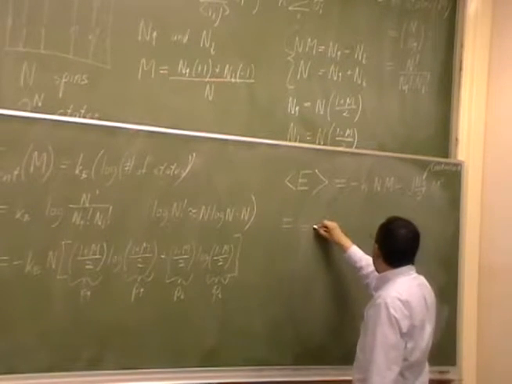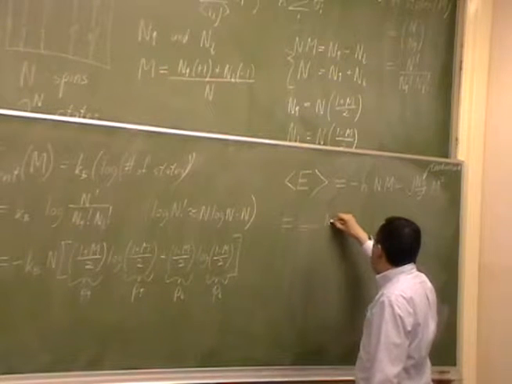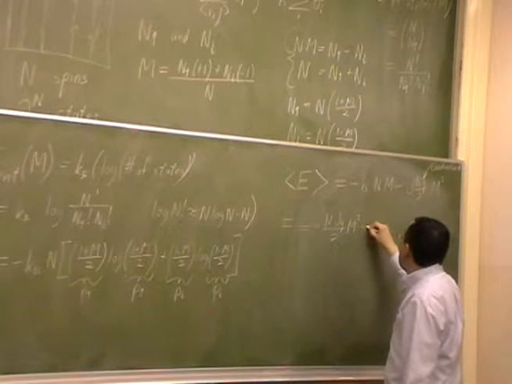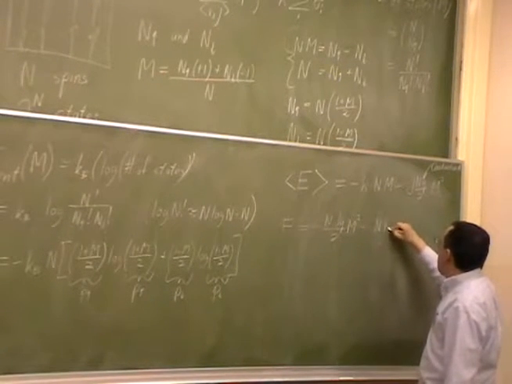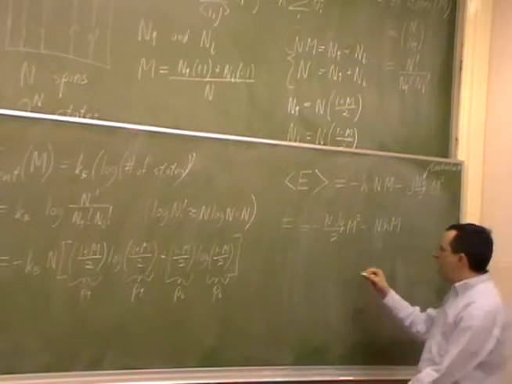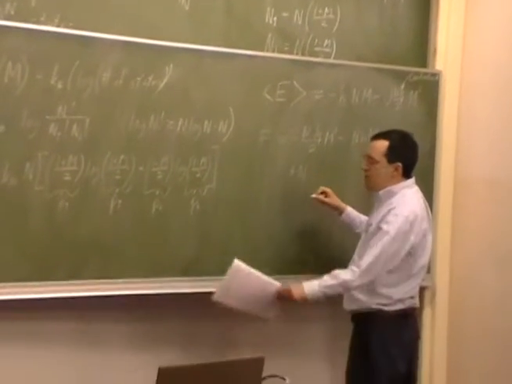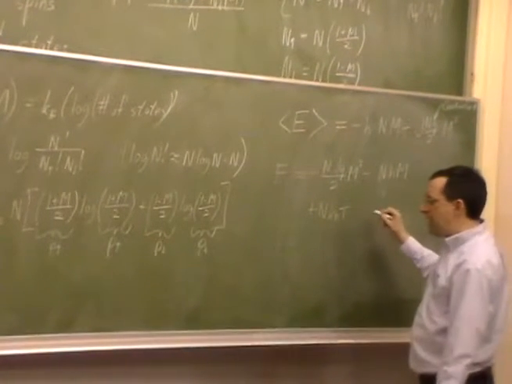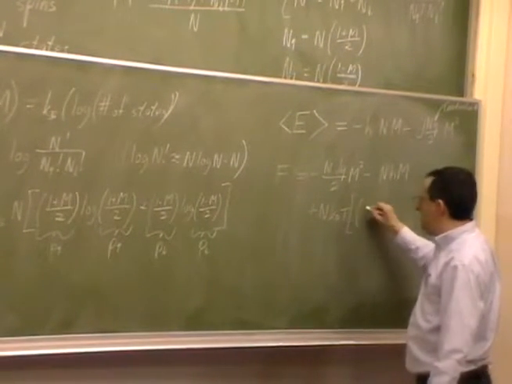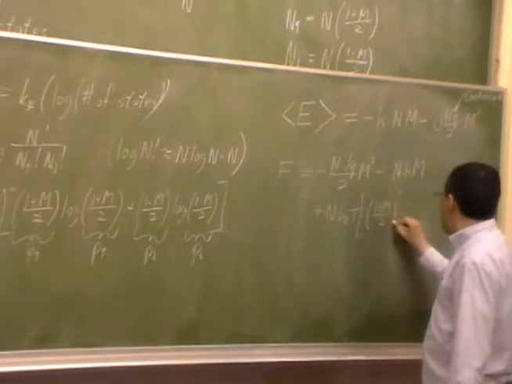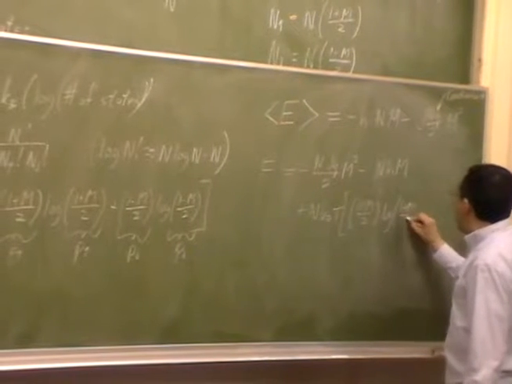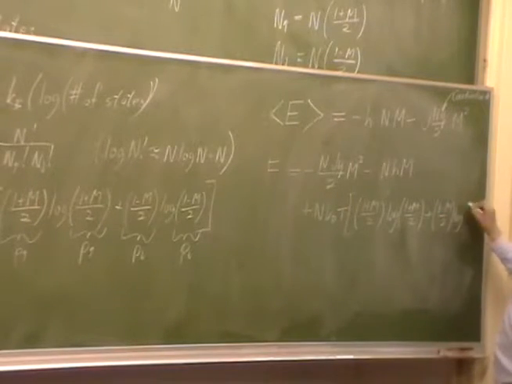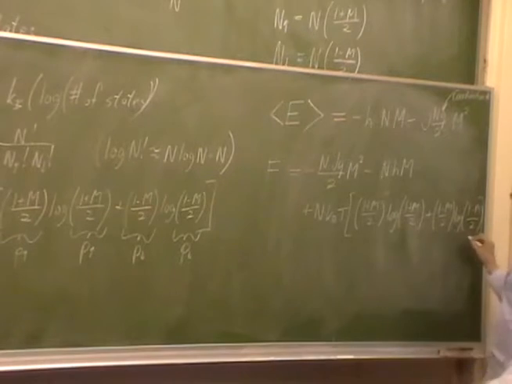So minus NJQ over 2 times m squared, minus NHm, plus N times kT times this messy looking thing: 1 plus m over 2 log 1 plus m over 2, plus 1 minus m over 2 log 1 minus m over 2.